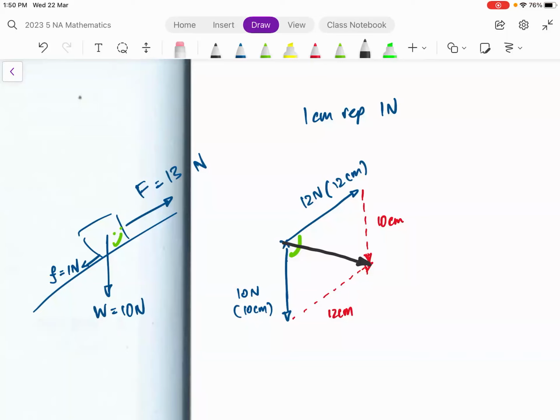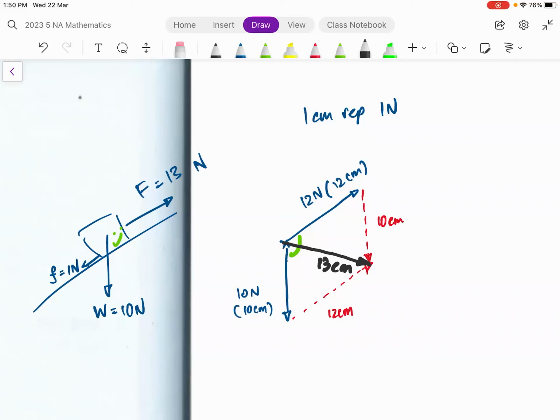Looks like 13. Okay, let's go with 13. So for example, if this is 13 cm, what can you tell me about the magnitude of the force? 13 newtons, okay? And what about the direction? Direction also important, right? Towards this angle, whatever the reference is given in your actual physics question. Okay, so this is the idea behind it.